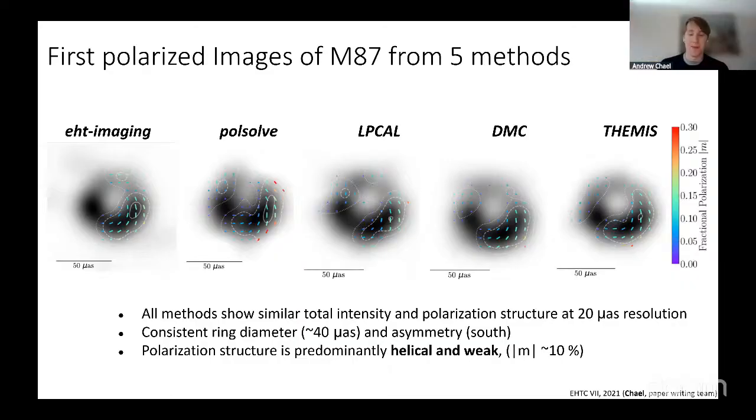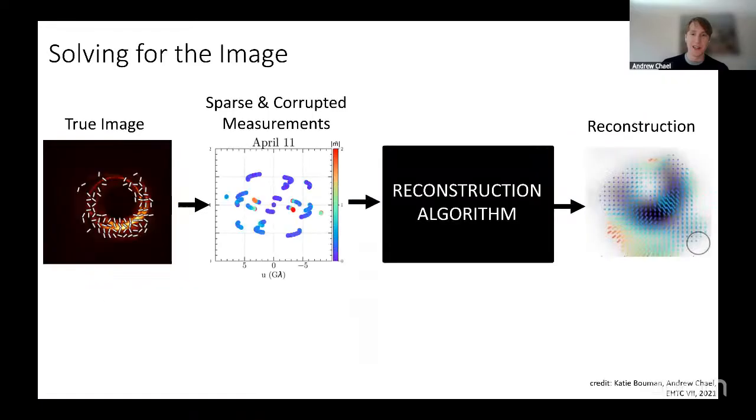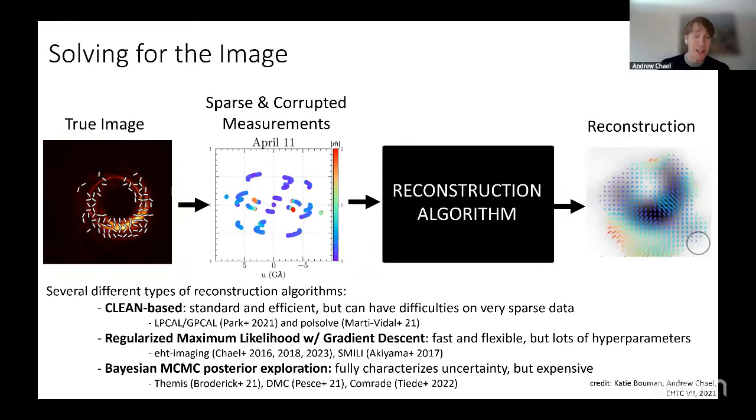Yeah, I think that's a really great question. And like I said, it's one of the successes of the EHT that we've spurred a lot of development in this data analysis problem of how to turn interferometric data into images. Basically, this is a rough categorization, but I think there are three main classes of algorithms.